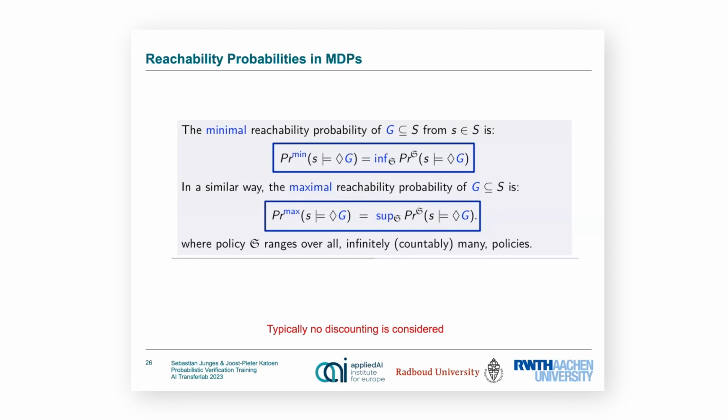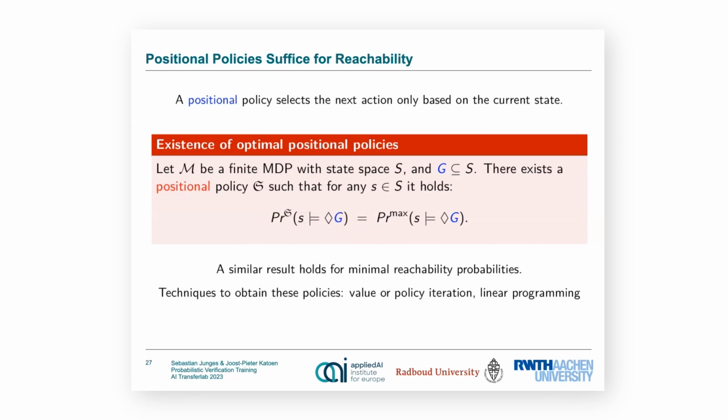Discounting intuitively means every time you take a transition, you think that the old transitions are less relevant. So you multiply the probabilities with a factor, which is called a discounting factor, which is typically strictly smaller than 1. Good. Now, the interesting thing is that for reachability, simple strategies suffice. And what is a simple strategy? We call this a positional policy or a positional strategy.